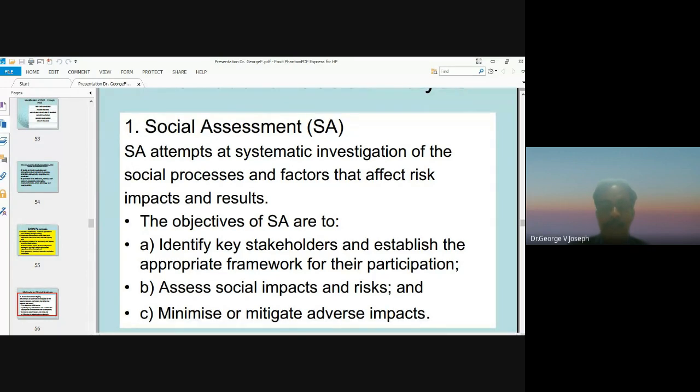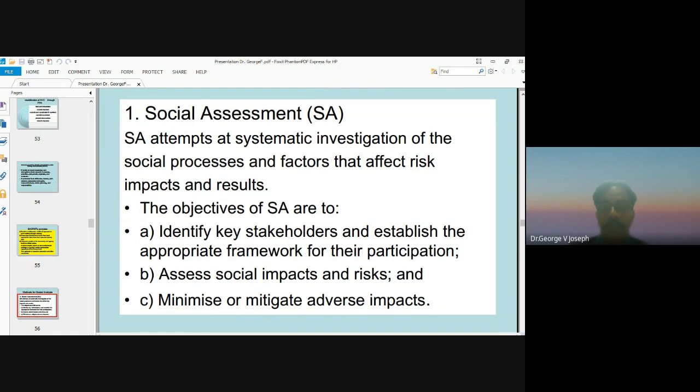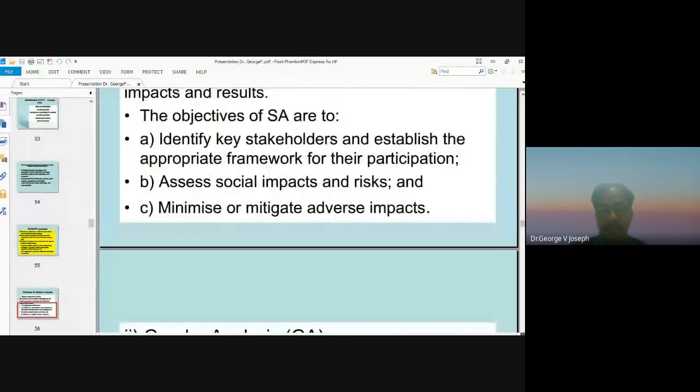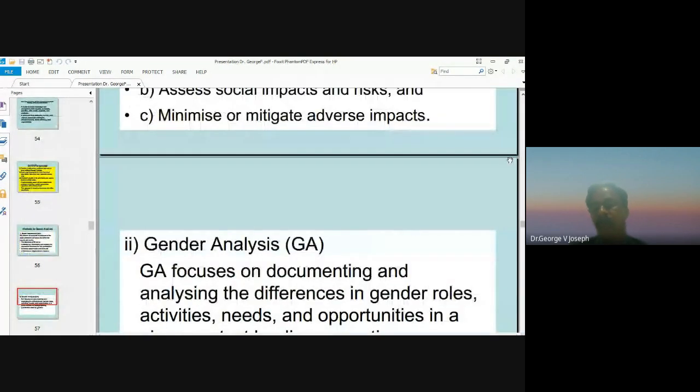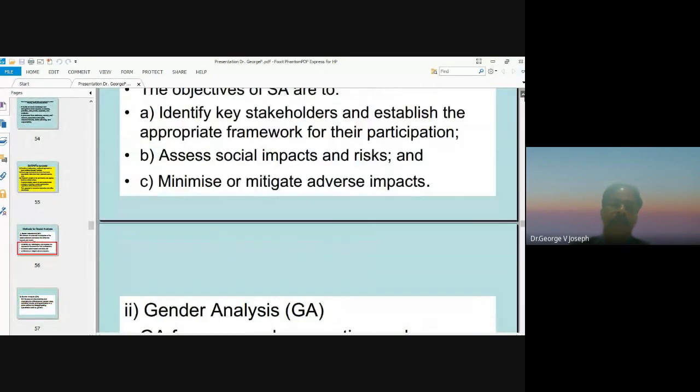So what happens because of these issues? If there is discrimination between certain communities, what is the social impact? In case of disaster, there may not be involvement of this community, and they may be left out. So what can be done to mitigate or minimize this risk in this situation? That will be analyzed. So that is another process.